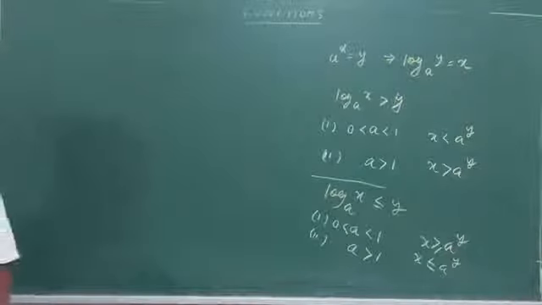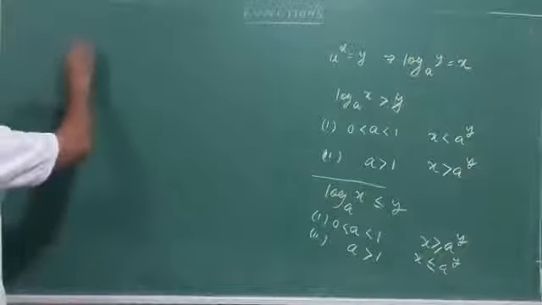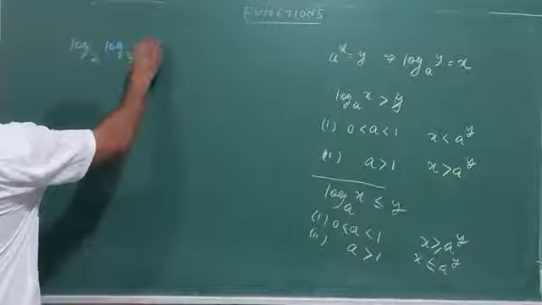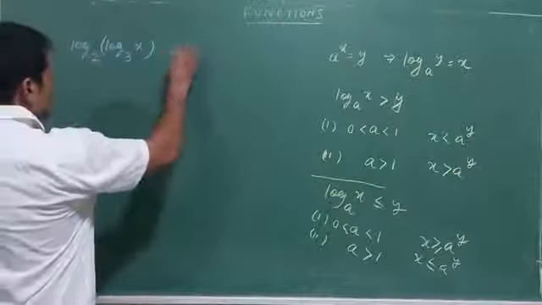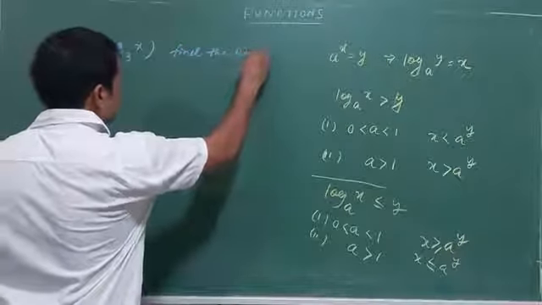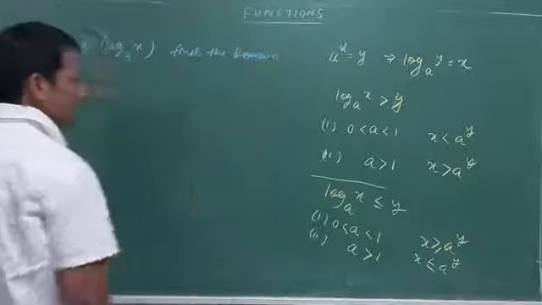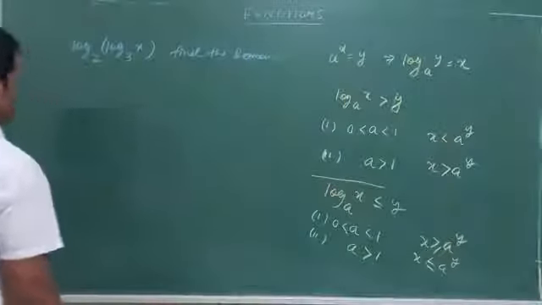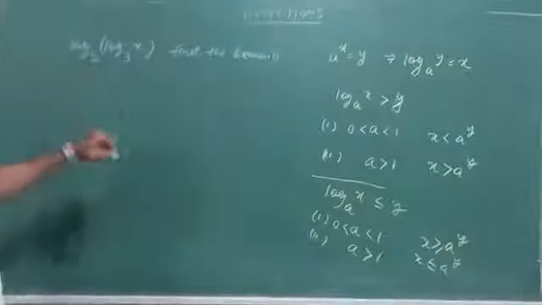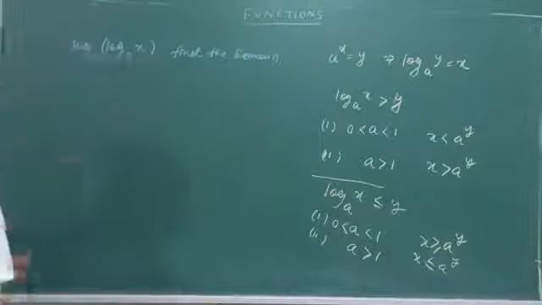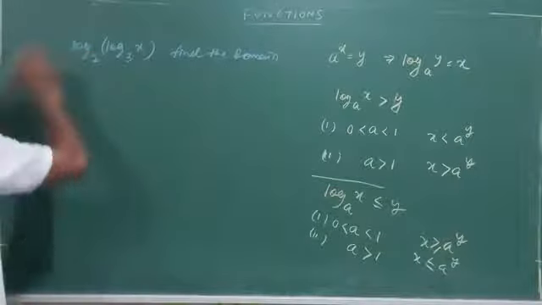If I get a question, log base 2 of log base 3 of x, find the domain. Whenever I get this kind of question, I treat log base 3 of x as the argument.